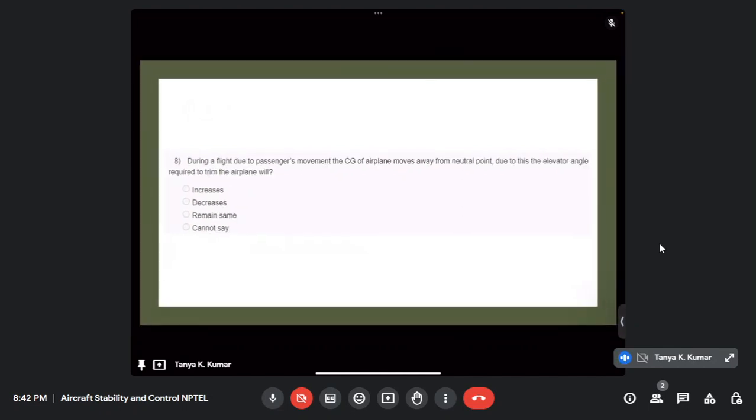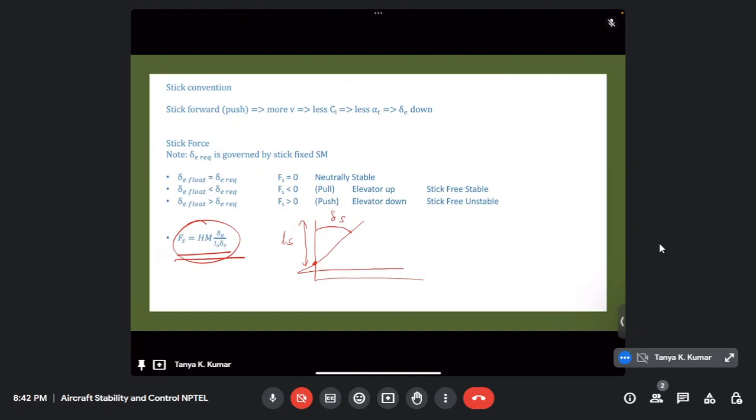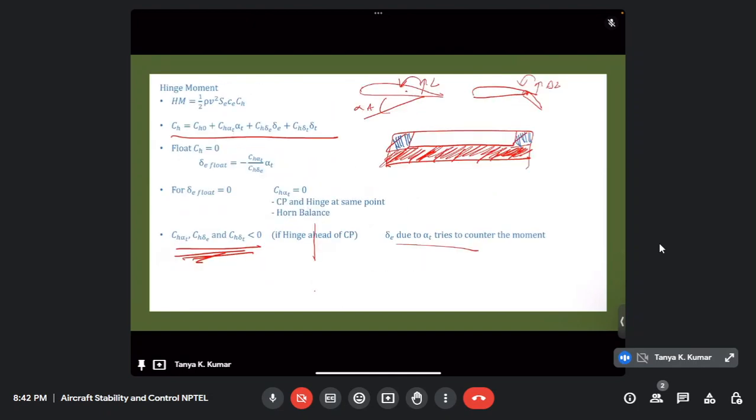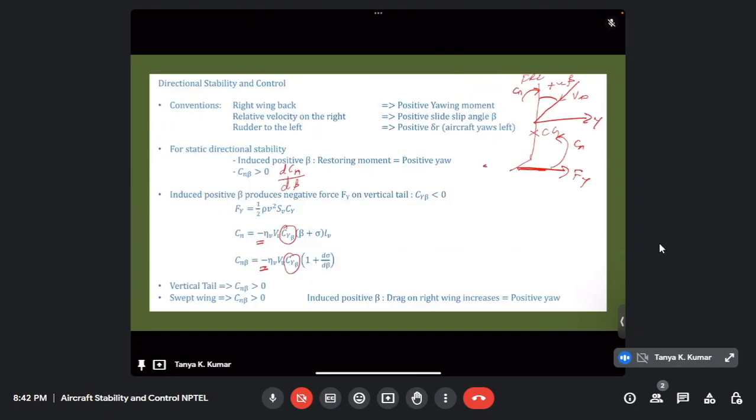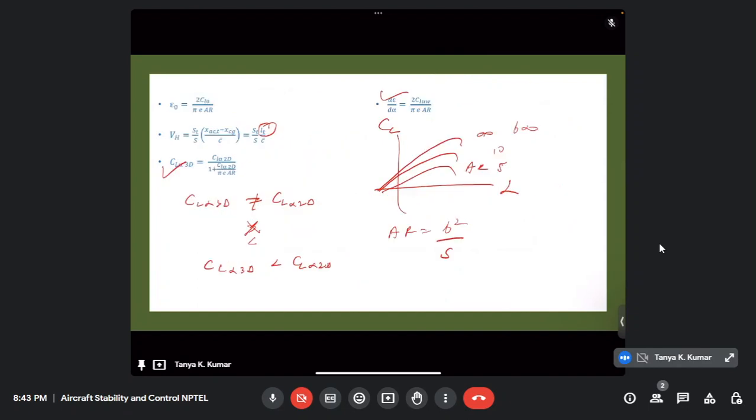Does it depend on Cg, the Cm delta E equation? What was the Cm delta E equation? Did we have it in our slides? It is there in our slides, but I'm not sure if it's there in this revision slides. Yeah, here it is.